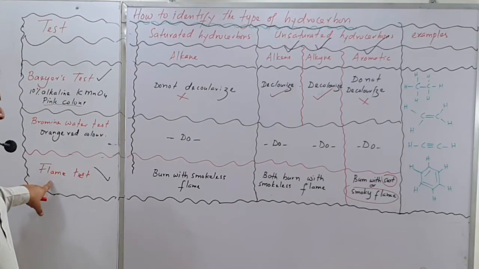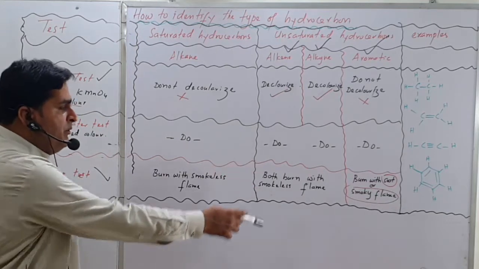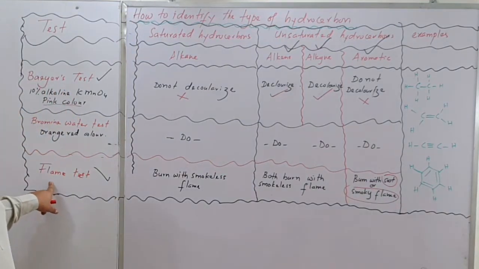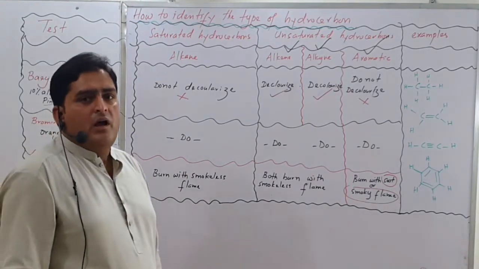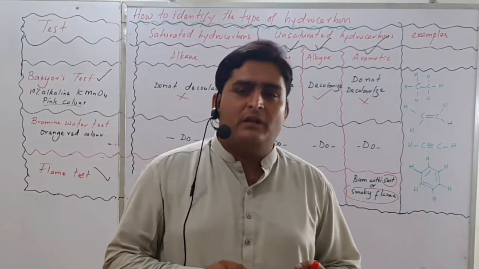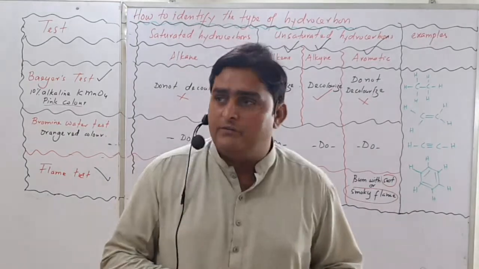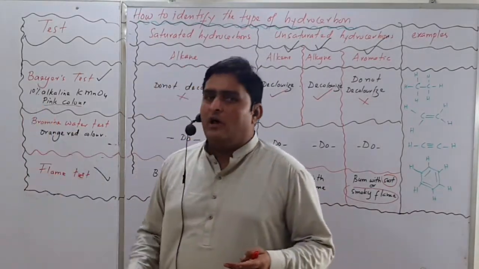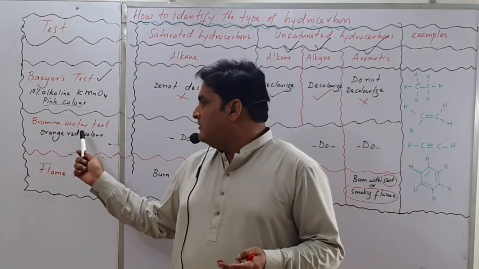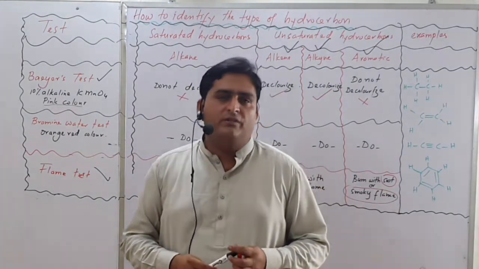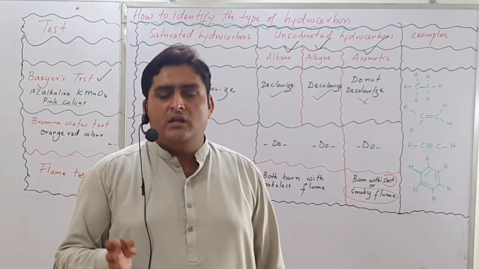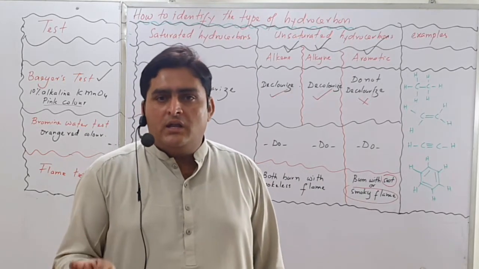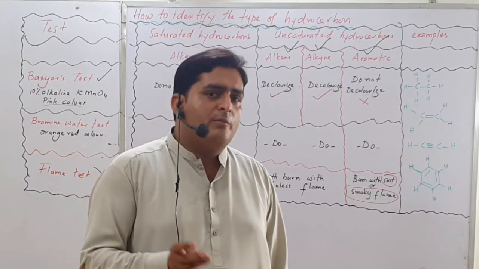If a compound burns with a smoky flame, it is an aromatic compound. If it does not burn with a smoky flame, it means it is what? An alkane. So alkanes are irresponsive to the flame test, irresponsive to the Bayer's test, and irresponsive to the bromine water test. In this way, we differentiated how we can identify an alkane, alkene, alkyne and aromatic compound.